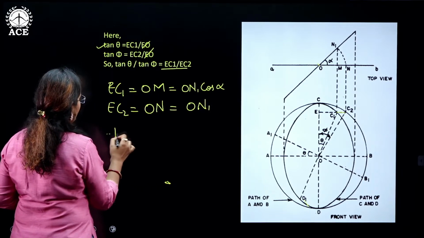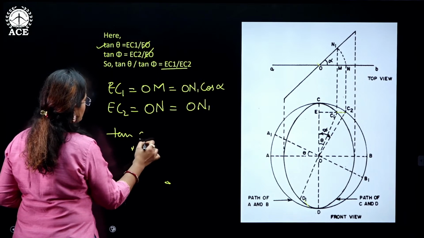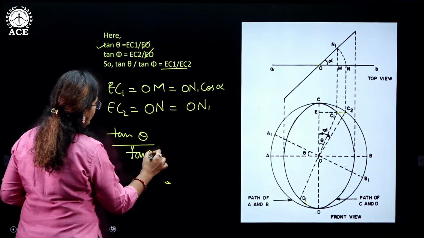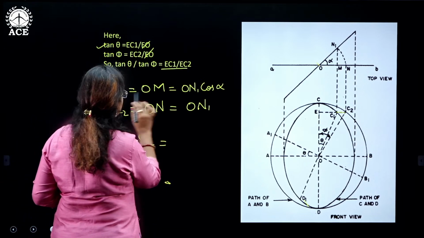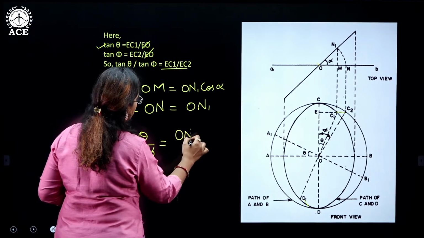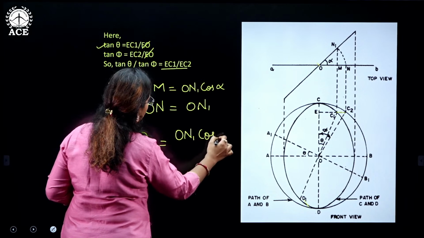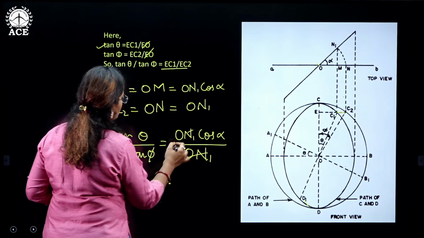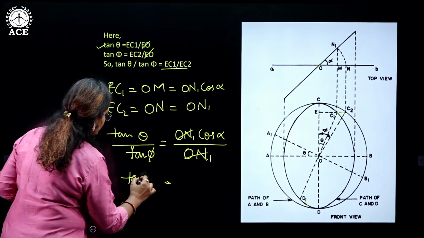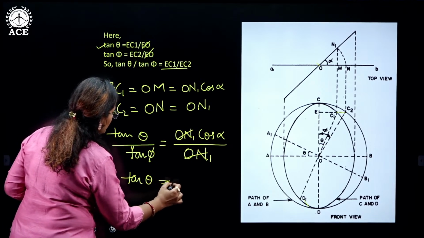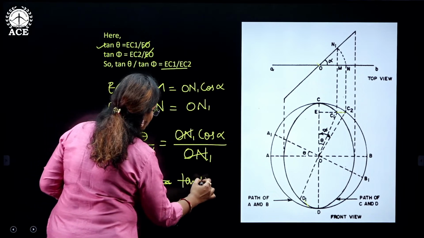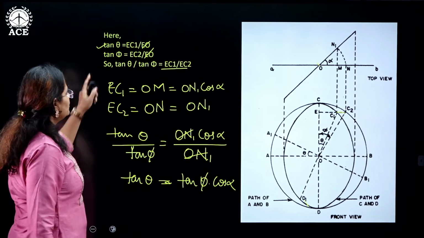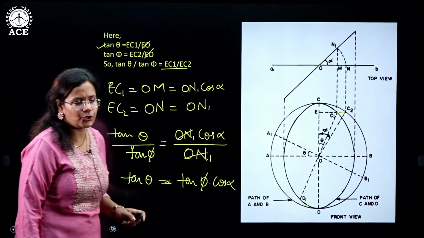So here tan theta by tan phi is equal to EC1 by EC2, which is ON1 cos alpha by ON1. So ON and ON1 get cancelled, and they become tan theta is equal to tan phi into cos alpha. So this is the equation from this Hooke's joint.